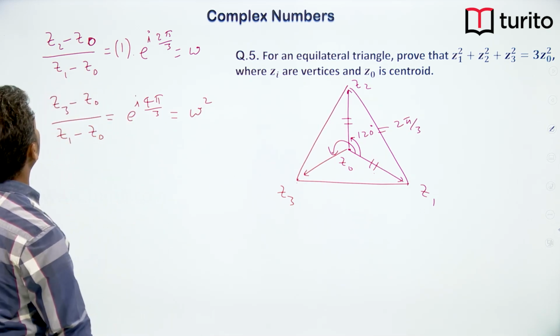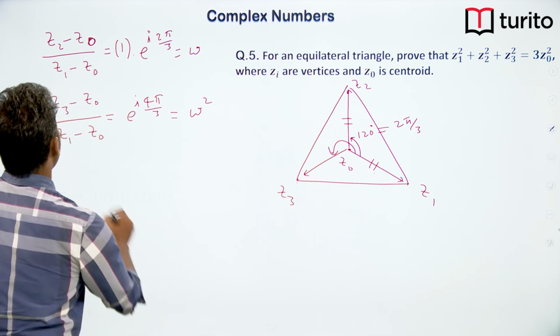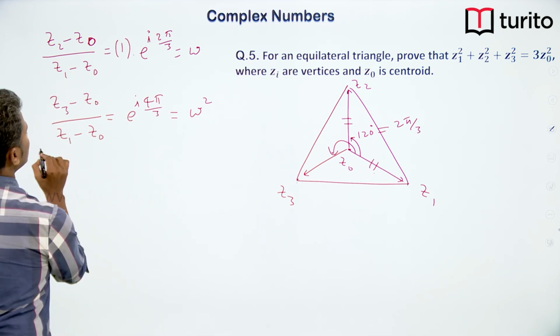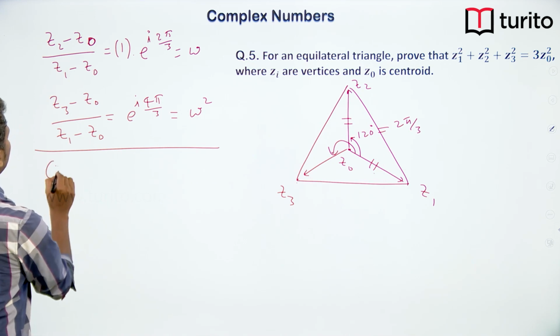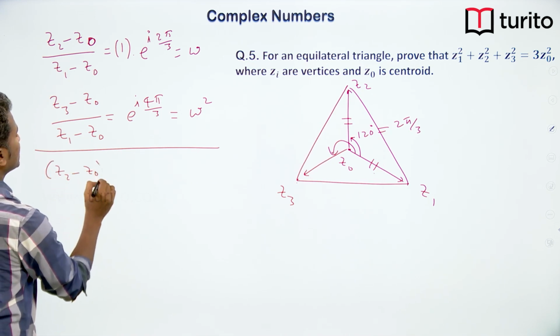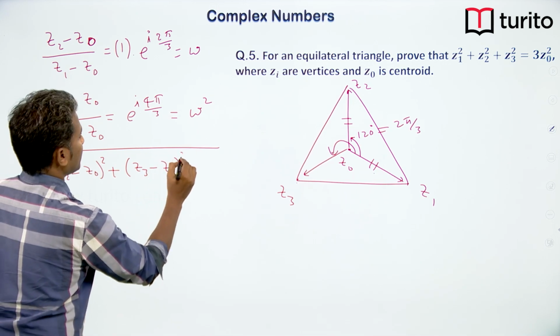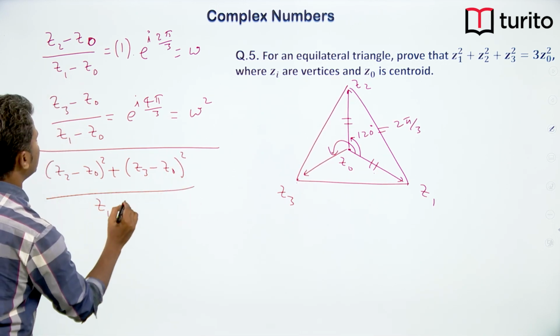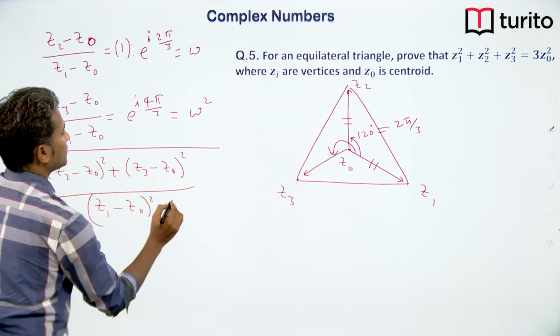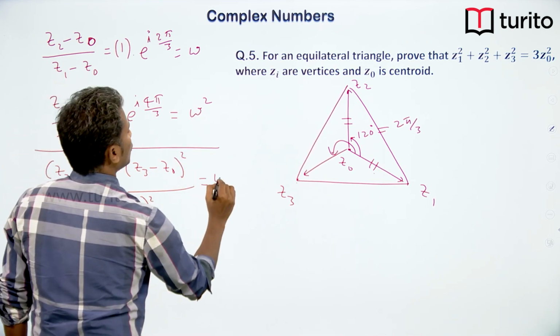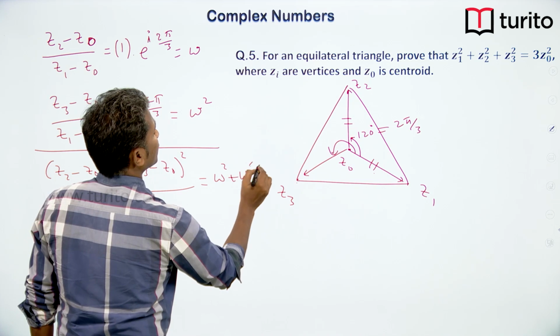Now, if we square these two and add, what do we get? (Z2 minus Z0) square plus (Z3 minus Z0) square, divided by (Z1 minus Z0) square, is equal to omega square plus omega power 4.